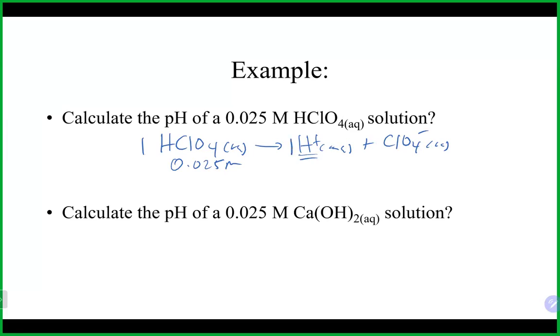Again, it's a 1-to-1 relationship between these. And that means that the concentration of the H plus would be 0.025 molar. That's really all we need to go into our pH equation, minus the log of 0.025. And that's going to get us here a pH of, looks like 1.60 in this case.